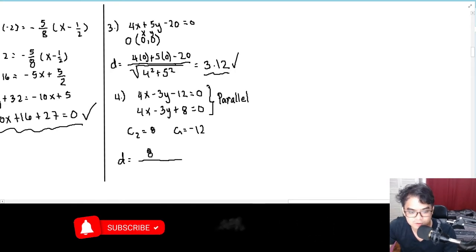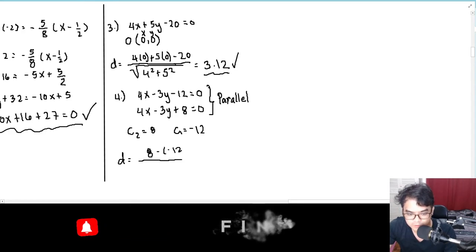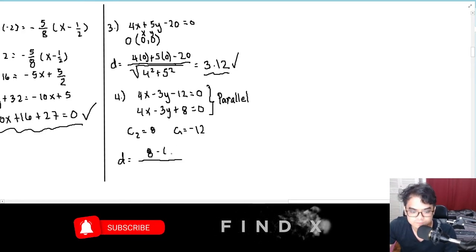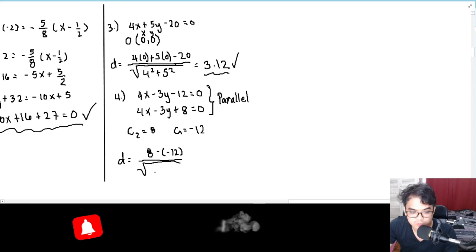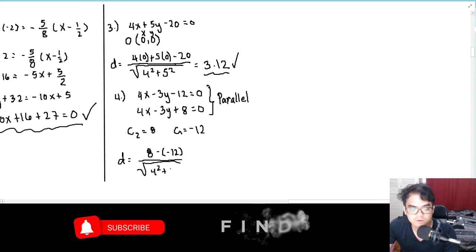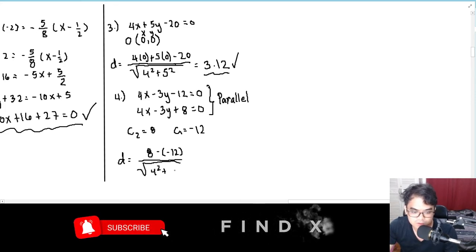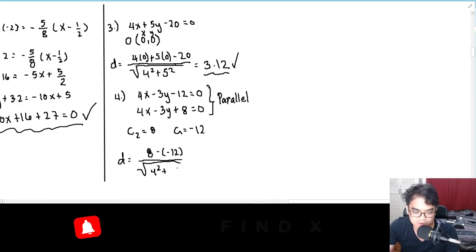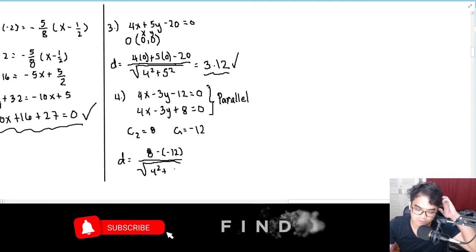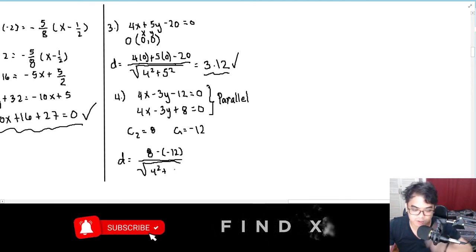So that is 8 minus negative 12, all over the square root of 4 squared plus 3 squared. You can no longer write the negative 3 because it will be squared, and you can just neglect the signs because whatever number you square will become positive. So this is 3 squared.